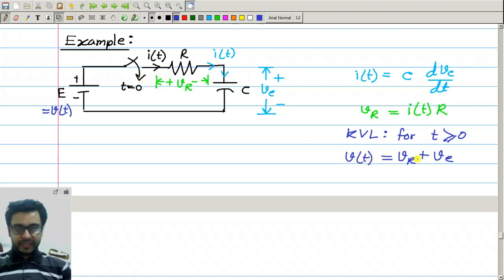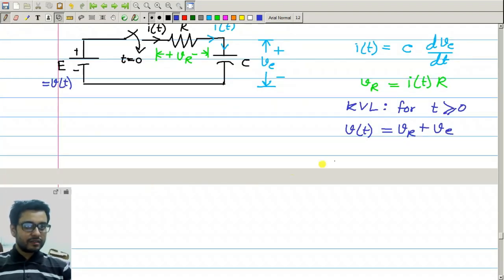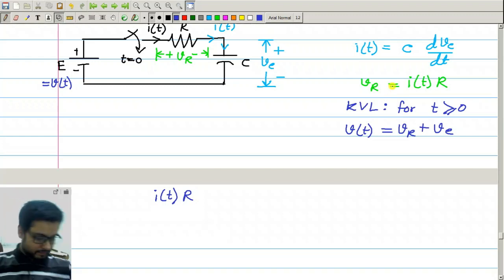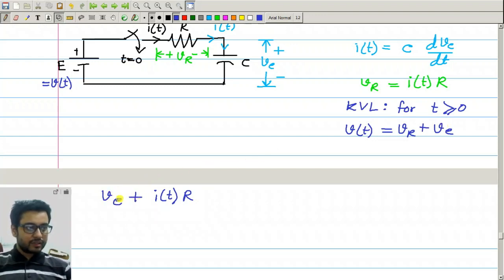Now from here, VR is equal to i(t) times R, plus Vc, or let me write Vc as Vc itself. So Vc plus VR is equal to Vt is equal to E.